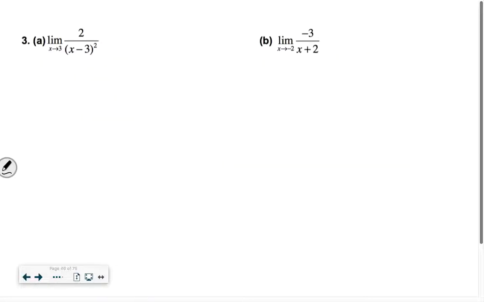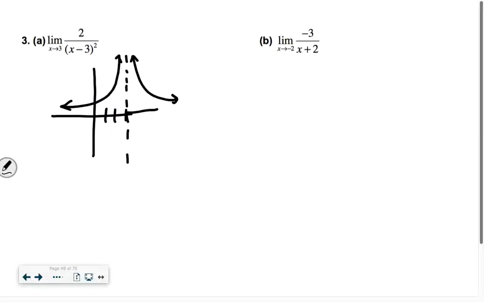All right, so the limit as x goes to 3. This is going to look like 1 over x squared, only it's been shifted to the right 3. If you remember what 1 over x squared looks like, we just did it. It looks like this. So as we get closer to 3, I would say this goes to infinity. And then this one is shifted to the left 2.